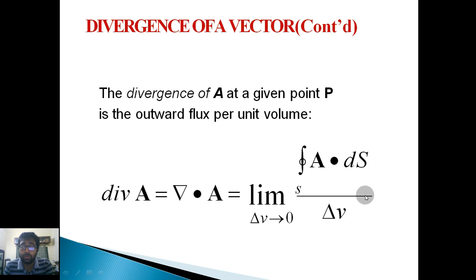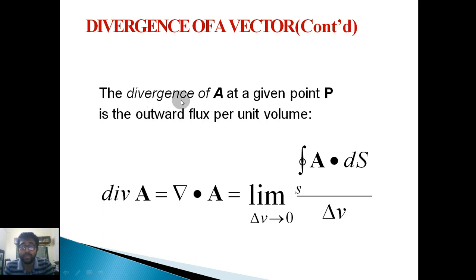Now if we divide this mathematical representation by del V, the total volume of the specific region where vector A is continuous, we will get the net outward flux per unit volume.